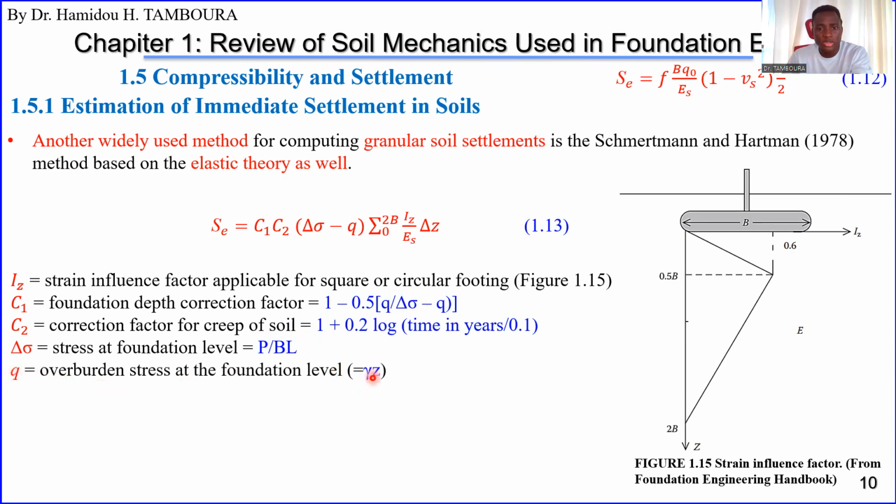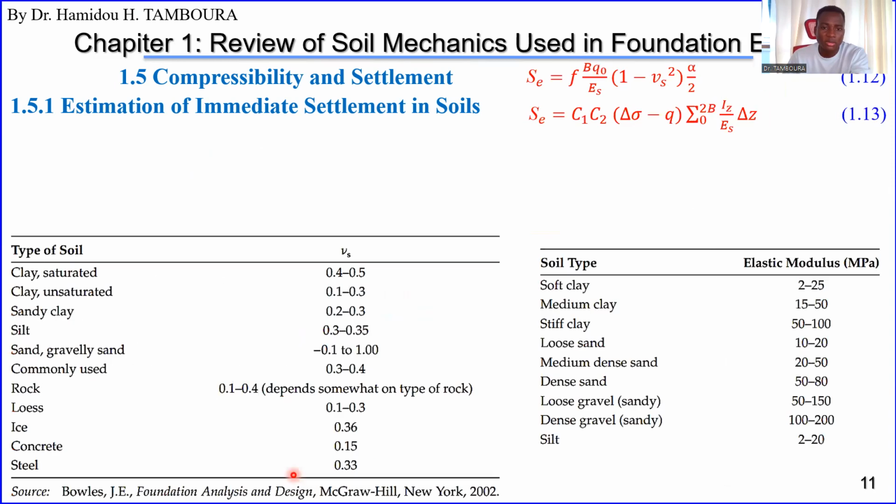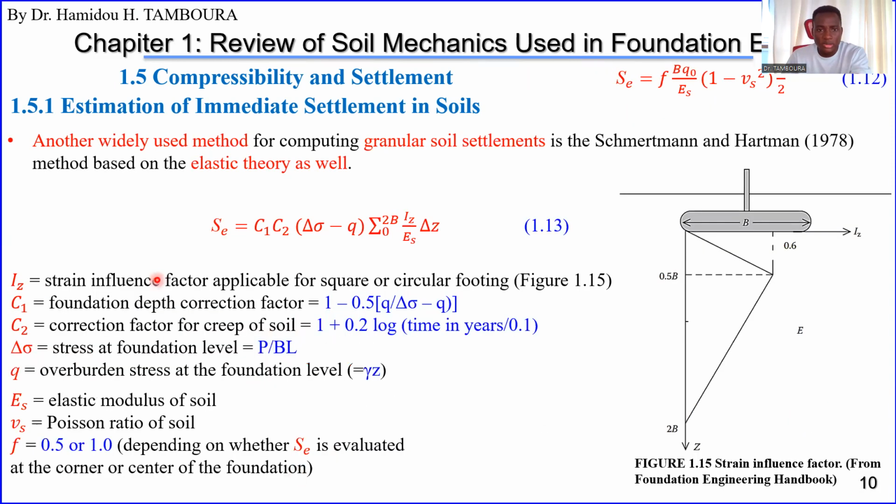Q is this one, gamma multiplied by Z. And this is the elastic modulus, Poisson ratio. I, same as the previous formula, 0.5 or 1, depending on whether you want corner or center.